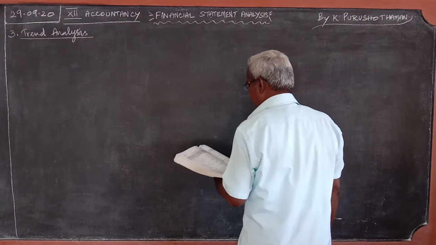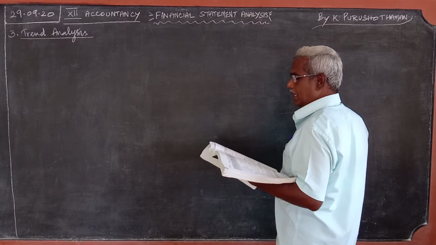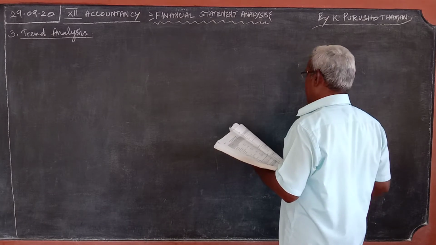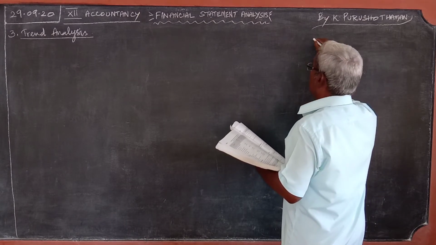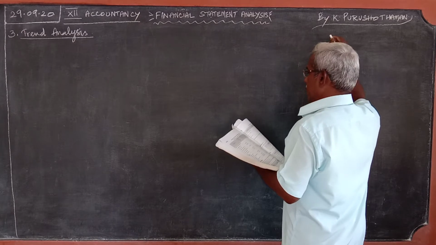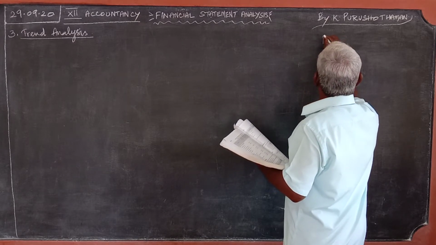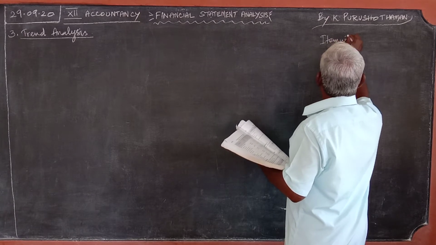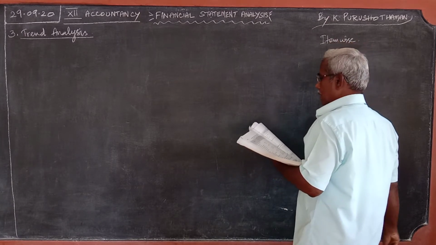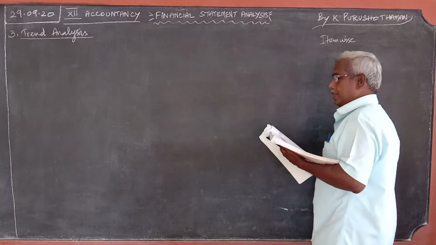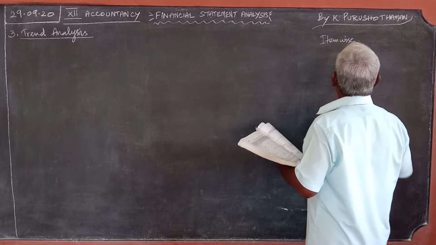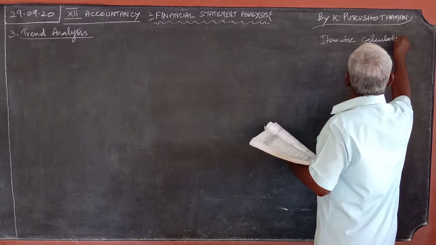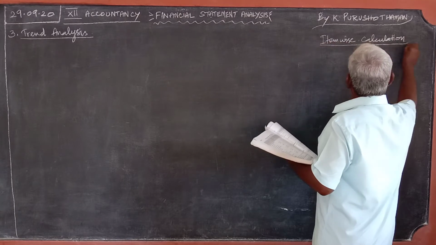The trend of a particular item is analyzed, and that is why the calculation is item-wise. In this we calculate item-wise.